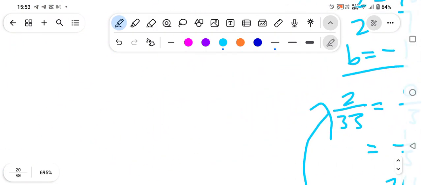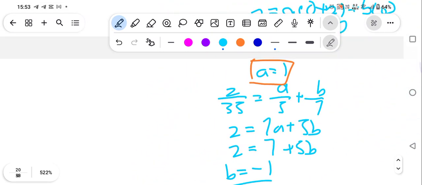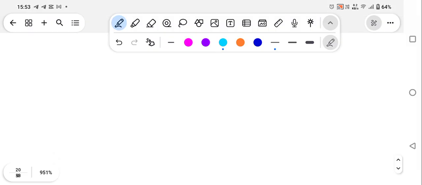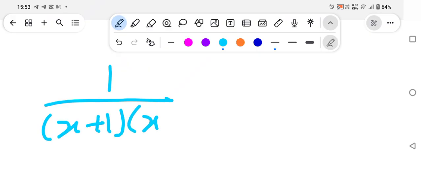But this time, since you know what it feels like when it's a fraction, now we're going to solve actual problems. So now, let's say we have 1 over x plus 1 and x minus 1.